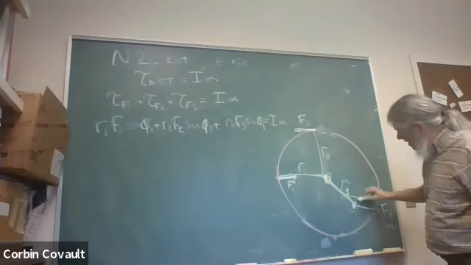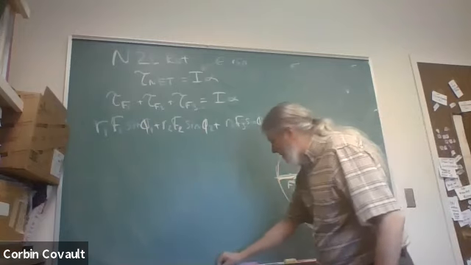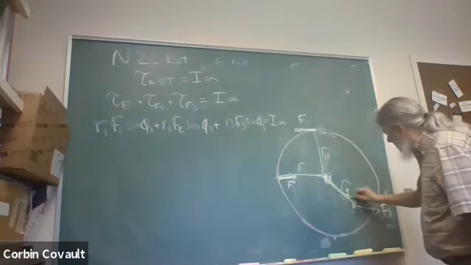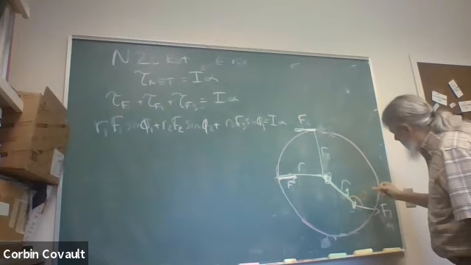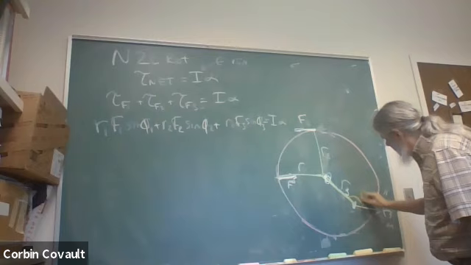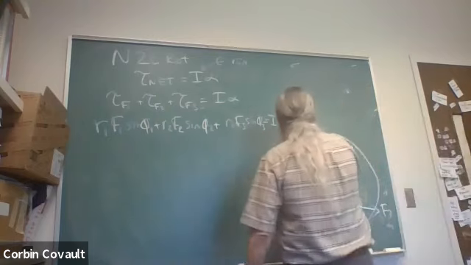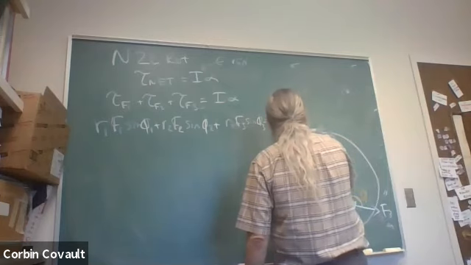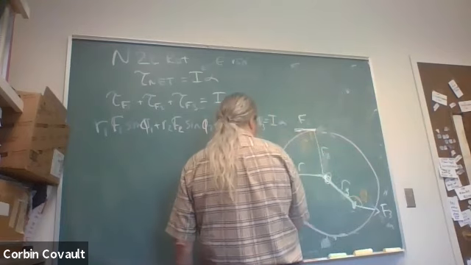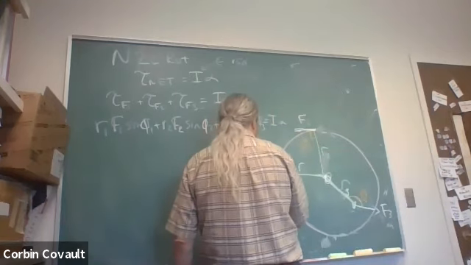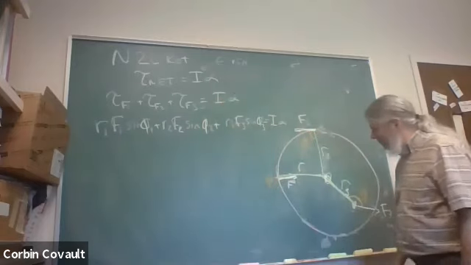This angle here, I'll do that in orange. That's phi3. This angle here, that's phi2. And this angle, well, there's no angle here. That's phi1. Phi1 equals 0 because those two angles are together.